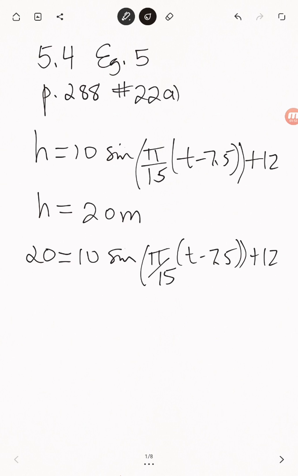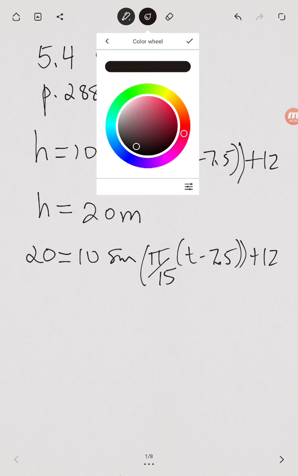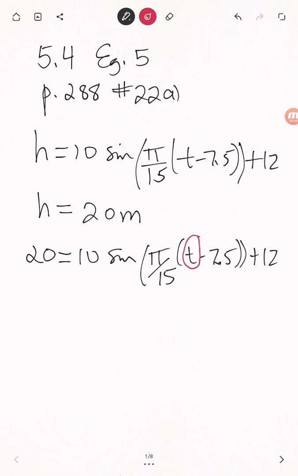Okay, once you've put in your 20 meters for h, now we need to isolate t. And we're going to do this by undoing everything that is being done to t from the outside in.